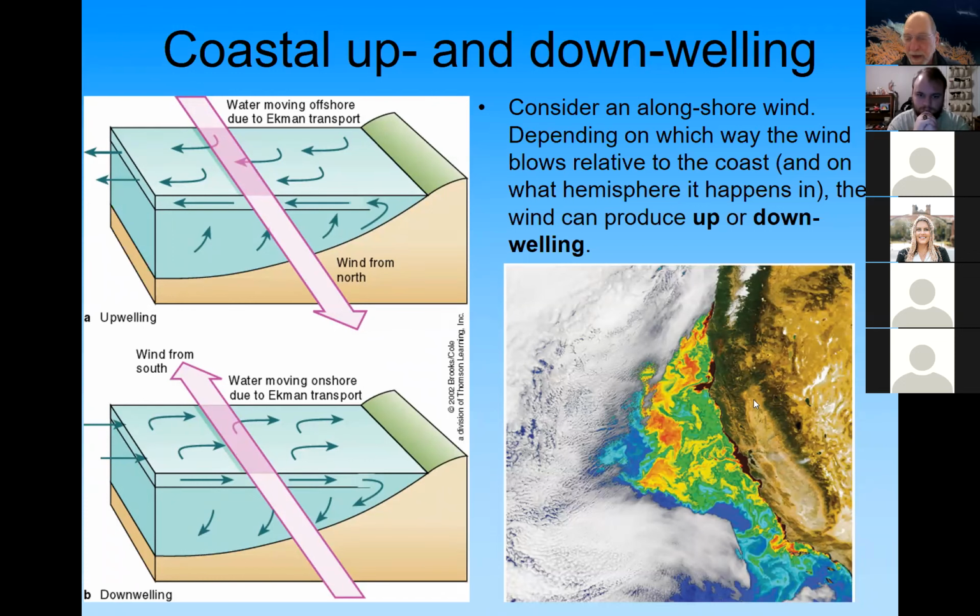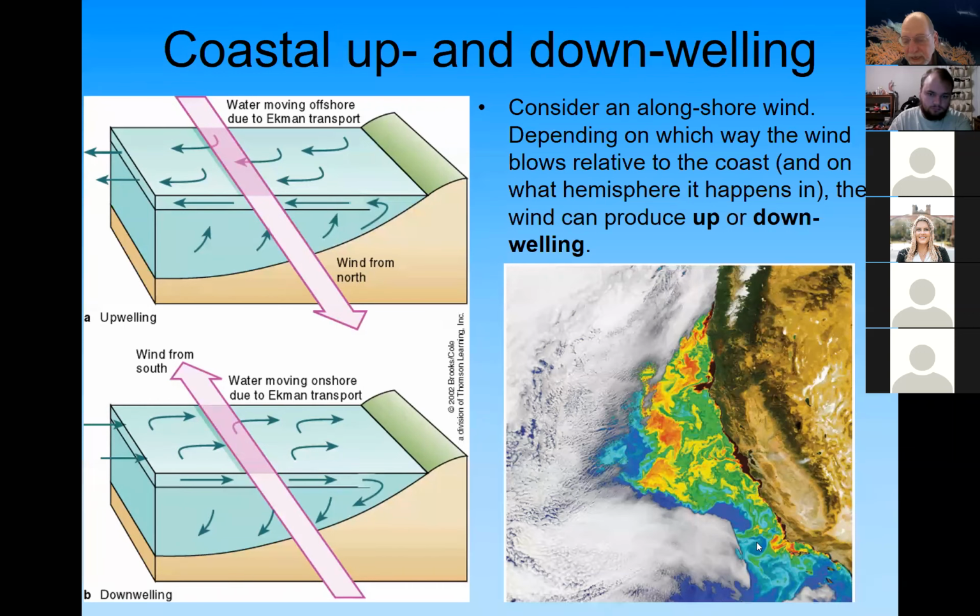So here we have the coast of Peru, the Andes Mountains, and there's a seasonally strong wind that blows south along the coast there. Well, with that wind going to the south, water is driven offshore, carried offshore to the left of that motion, and with the divergence, water has to replace that movement by upwelling from depth.